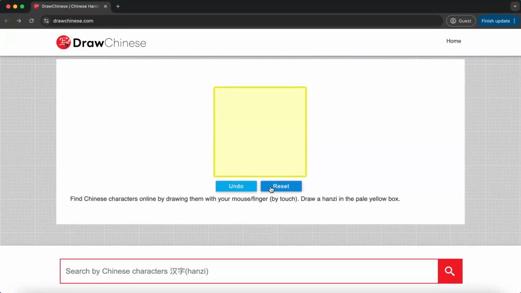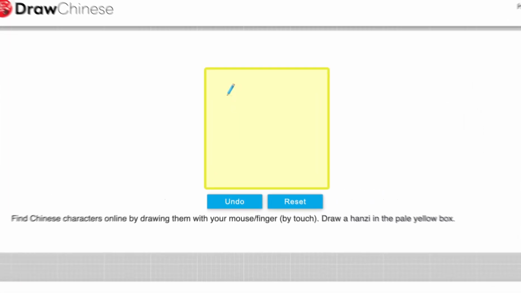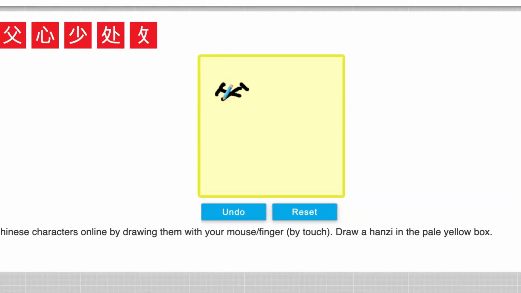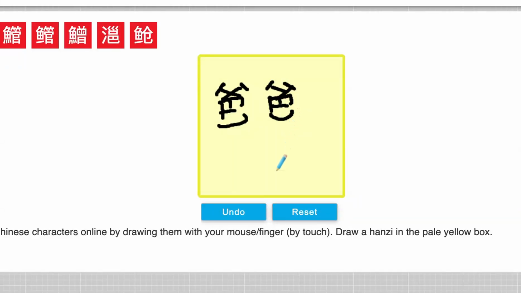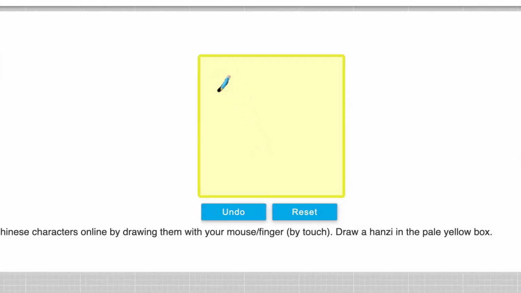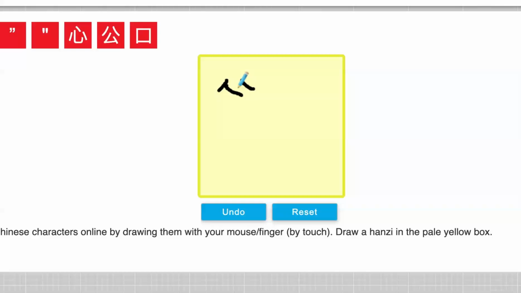Let's go on to the next one. This is quite common as well. I think I've done a terrible job drawing it because it's not picking it up. So let me try a bit slowly. All right, yeah, it's picked up the first one.